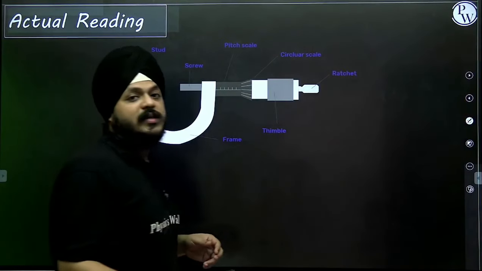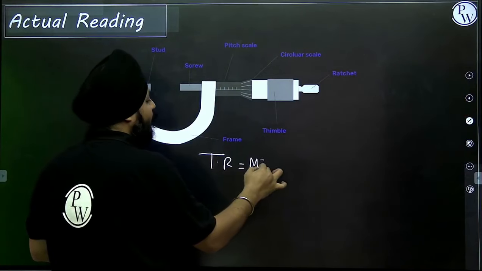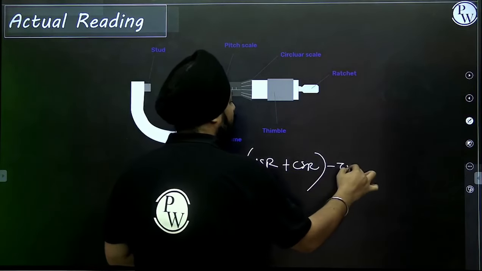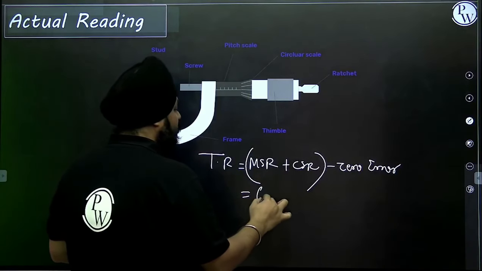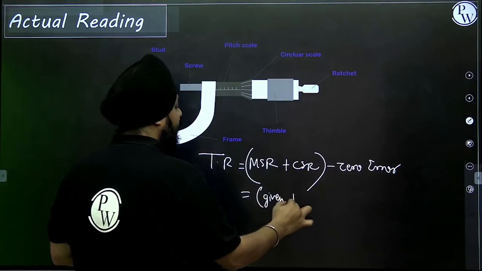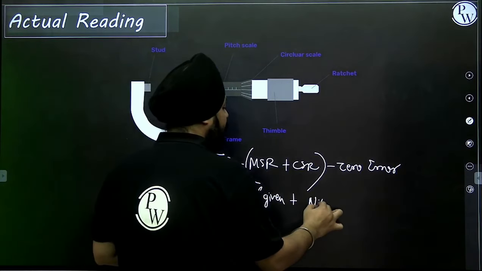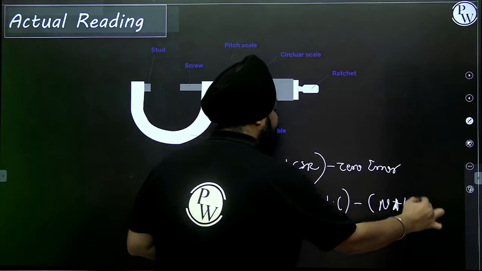Again, the actual reading is the total reading, that is equal to main scale reading plus circular scale reading, minus zero error. Here the main scale reading is always given in the question, plus the circular scale reading, n into the least count, minus the zero error, n into the least count, but there is a difference.